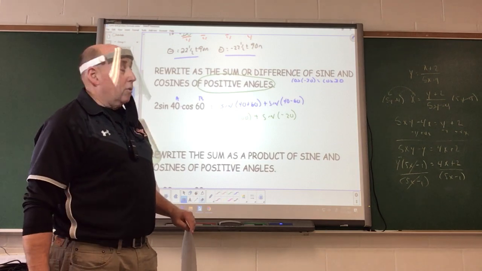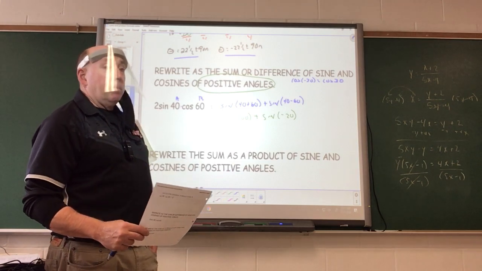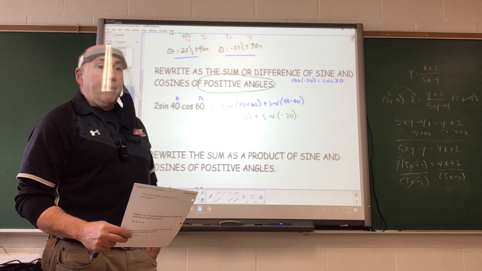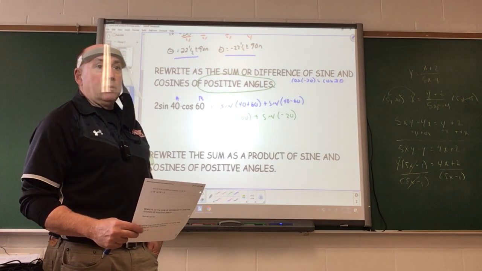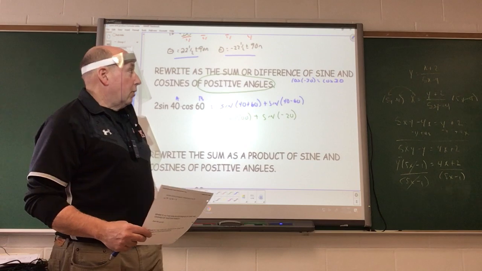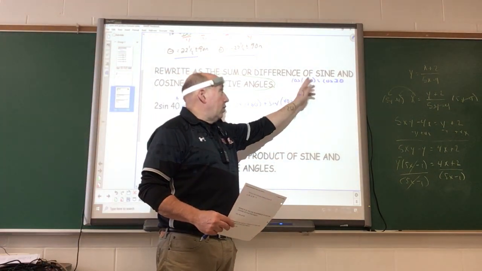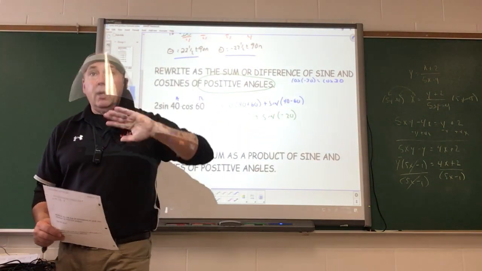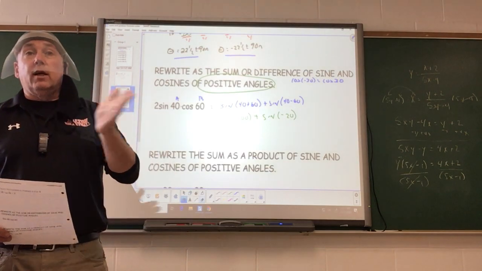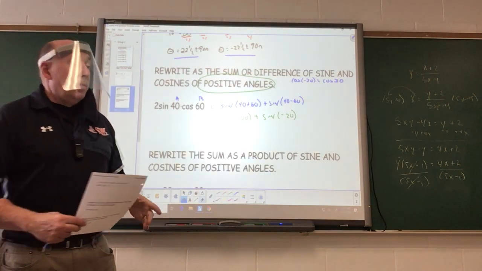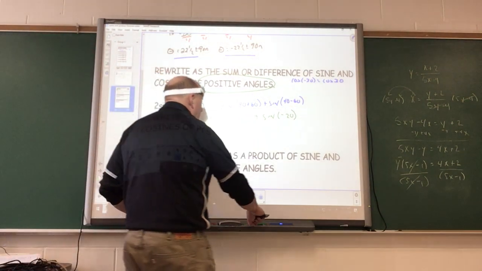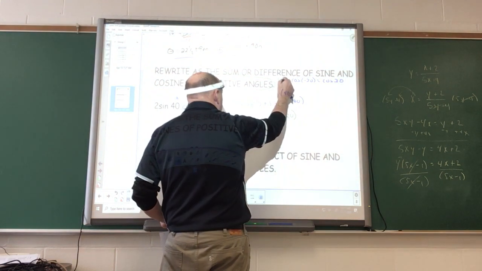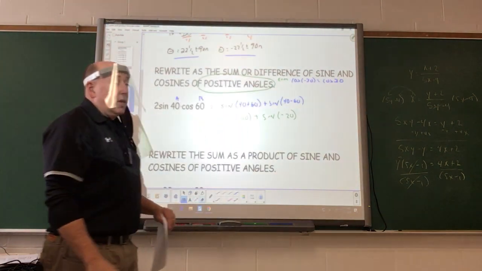Take the cosine of 30, take the cosine of negative 30. You get equal values. So if I have the cosine of negative 30, I can make that the cosine of 30. I can just erase the negative sign. It's going to give you the same value. But this is an even function.